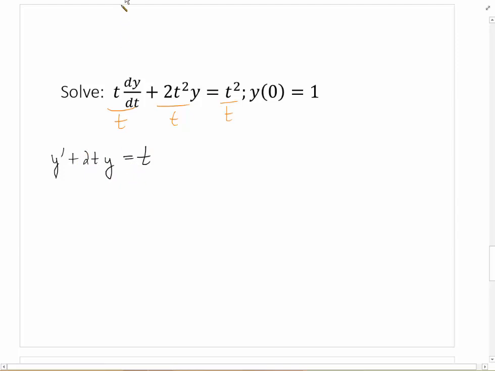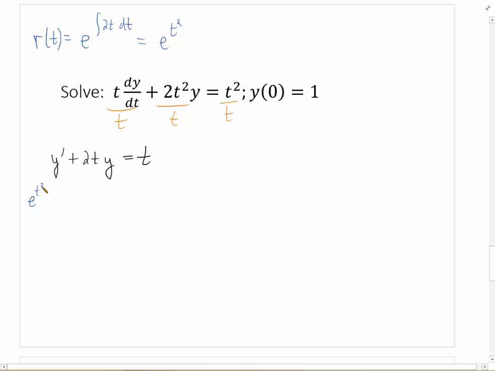Let's calculate the integrating factor. So the integrating factor, r of t, we'll call it, would be e to the integral of 2t dt, just using t instead of x. And so that would be e to the t squared. That's the integrating factor. Multiply through each term by the e to the t squared.